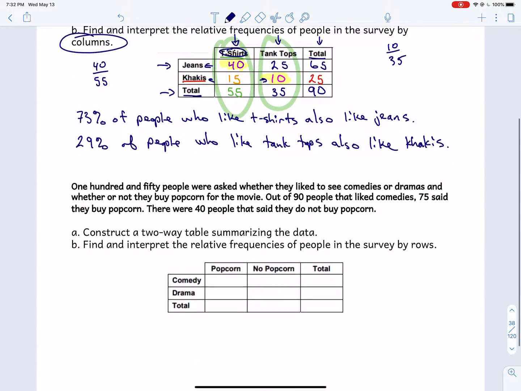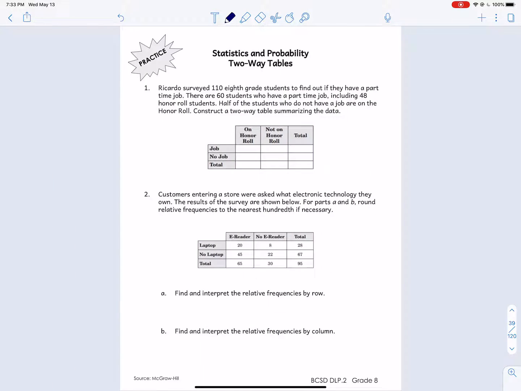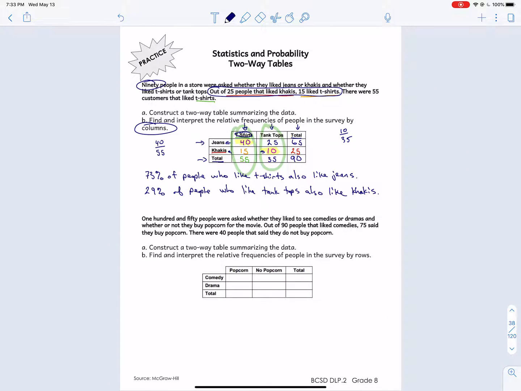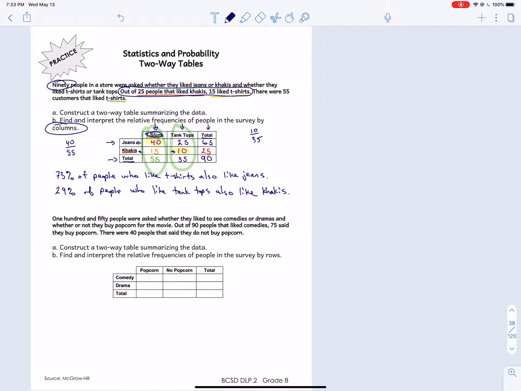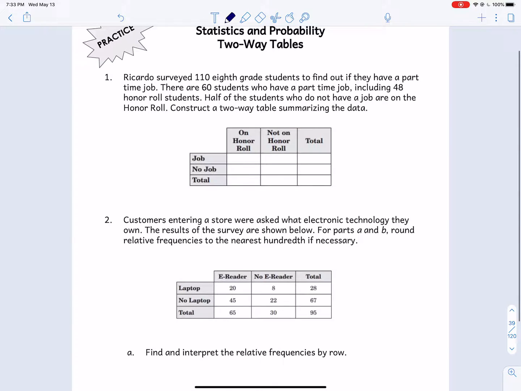Okay, let's go on. I'm going to do this example for you, and then this page, I'm going to leave up to you. It's going to be the same kind of thing as we did over here. But these ones, we actually have to build the table for both of them and then write the statements. But over here, the first one, you are only building the two-way table, and it doesn't even say to write statements.